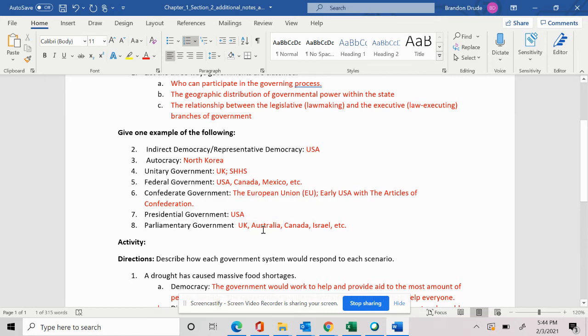The UK, Australia, Canada, Israel, and a lot of other countries are parliamentary. A parliamentary government is super popular. It's probably one of the most popular forms of government out there. So those are examples that you can have, and it's good for you to study from.